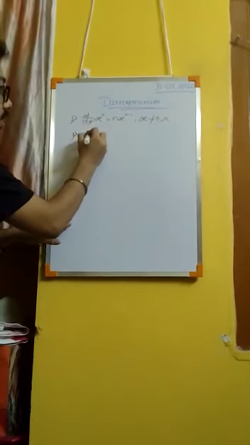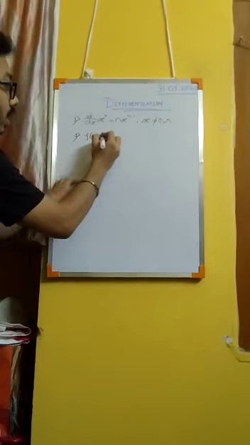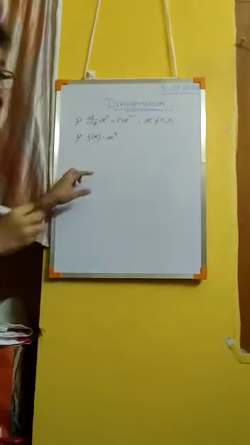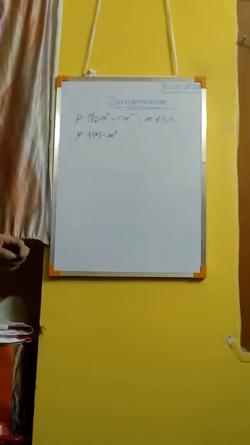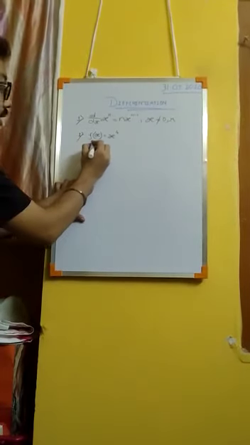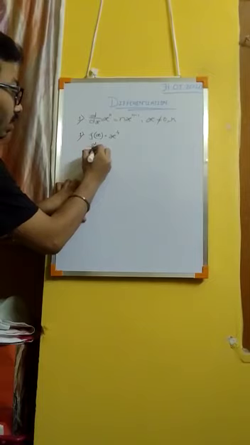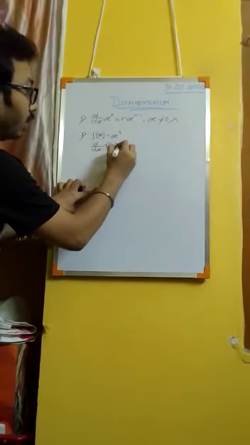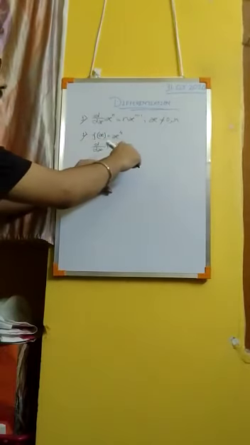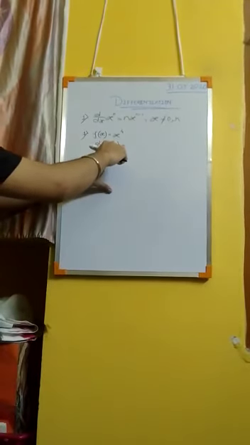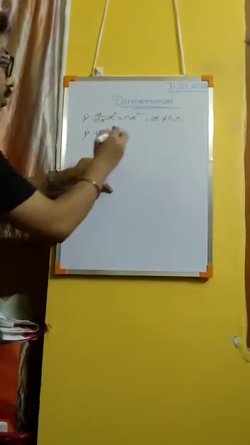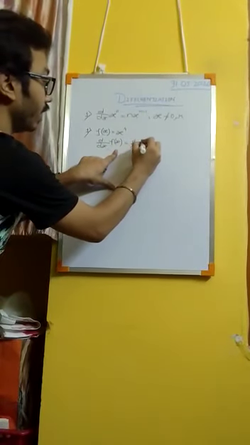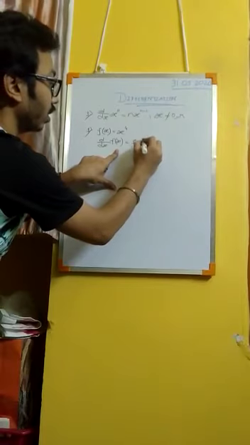f(x) equal to x to the power 4. So we will write d/dx of f(x) equal to, in the second step, we will substitute f(x) by x to the power 4. So d/dx of x to the power 4.